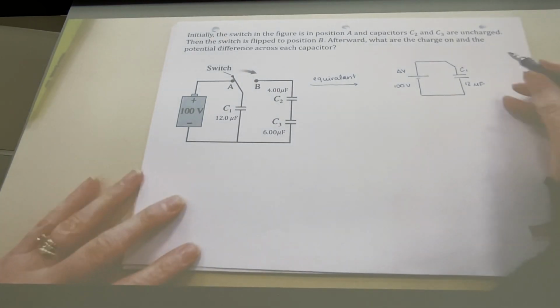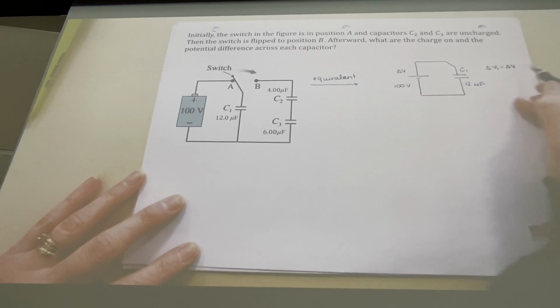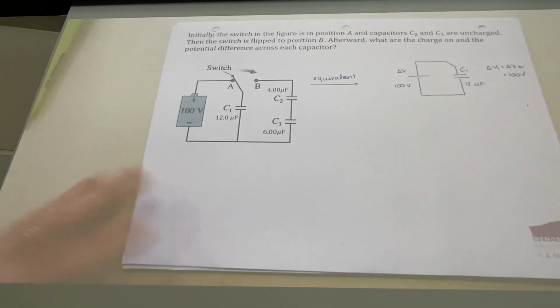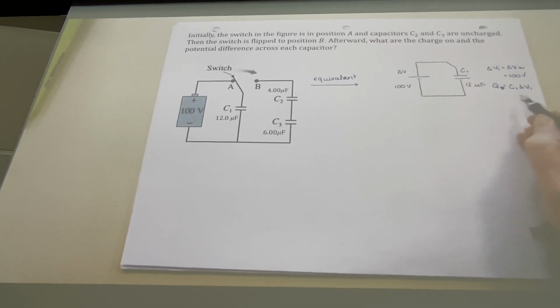So let's get that bit of information down. The potential across capacitor C1, delta V1, is equal to delta V, which is 100 volts. Okay, so the capacitor is all charged up. If we wanted to find the charge on this capacitor, I'm just going to call it capital Q, no subscripts. That would be C1 times delta V1.